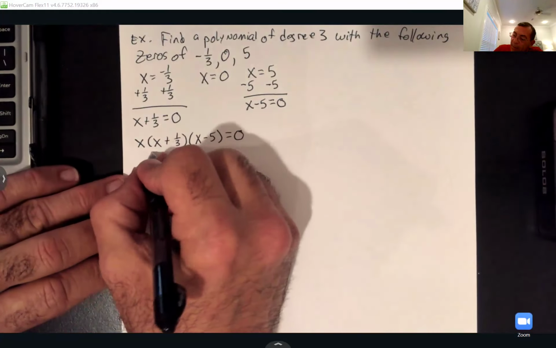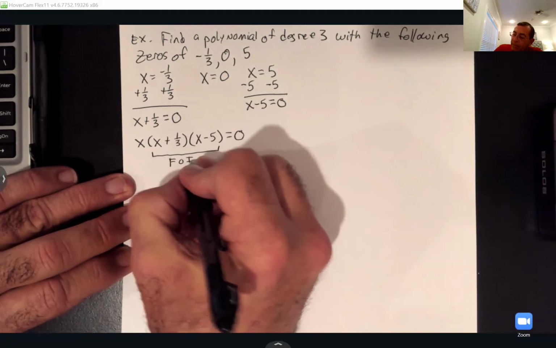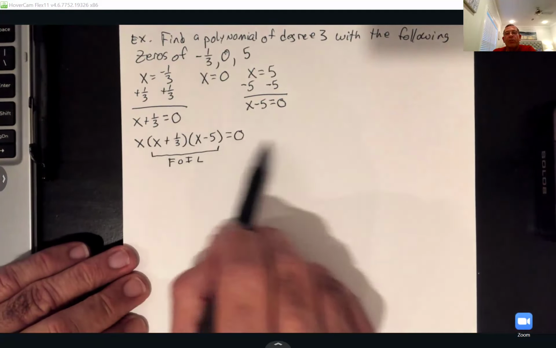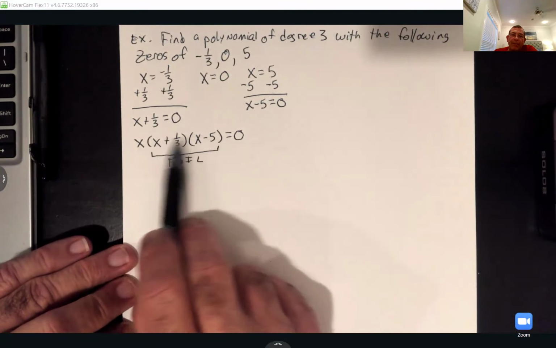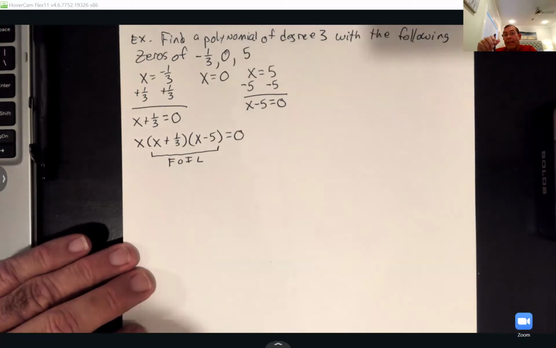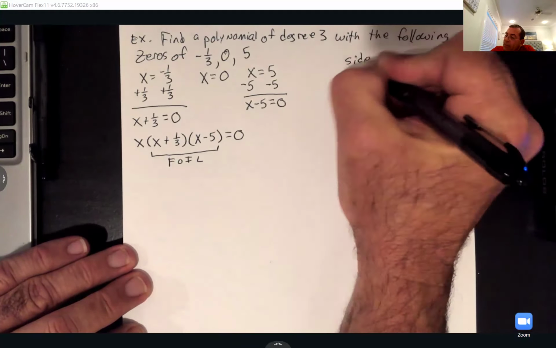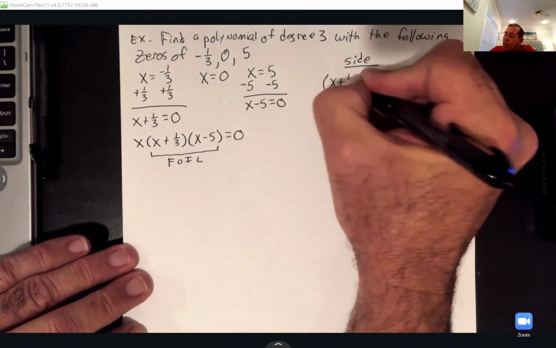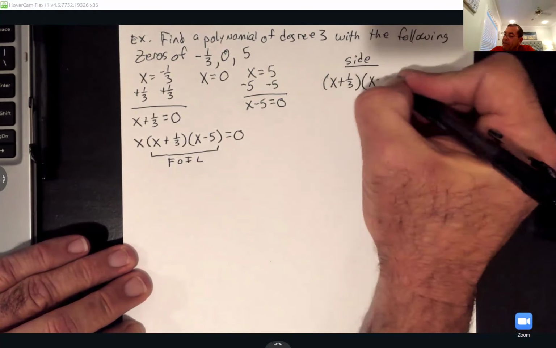So on this one, I'm going to start and FOIL this. Because y'all at the end, these single x's, all you're doing is distributing them. They don't have to be FOILed. It's this stuff that's being added and subtracted that's always got to be FOILed, okay? So on the side, I'm going to do x plus 1/3 times x minus 5.